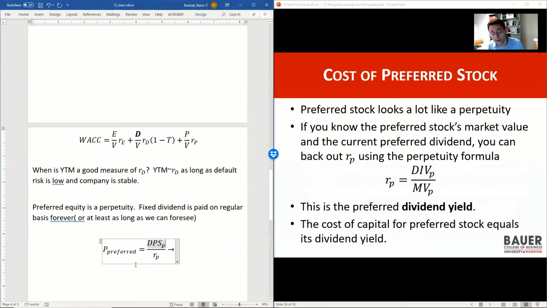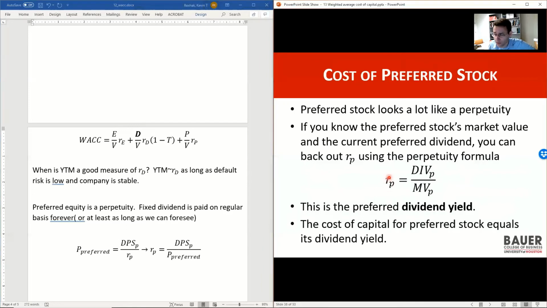You see what it's been paying, you see what the price is, so you can just do one step of algebra to solve for the required return on the preferred. That's what I have in the slide here.